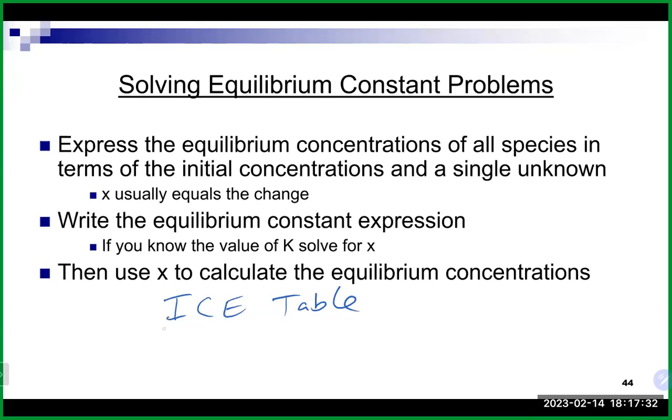And ICE means initial, change, and in this case, equilibrium. Now, sometimes you learned about ICE tables when you did limiting reagent type problems. So if you took me, you did, and maybe you could thank me for that now.